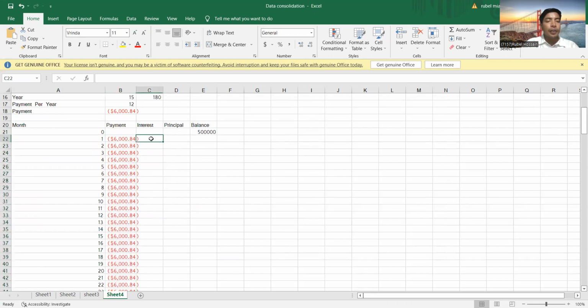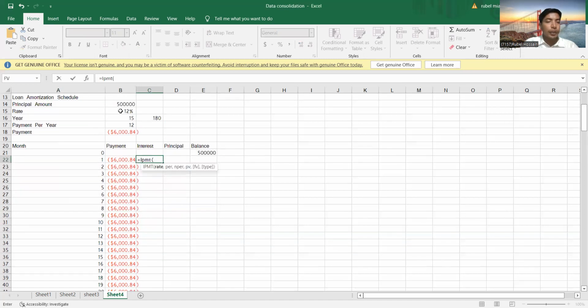Then we want to find out how much interest will be paid for each month. We don't know actually. So for finding interest, you have to give an equation sign, then as we would like to find the interest, you have to type IPMT, then first bracket, then rate.